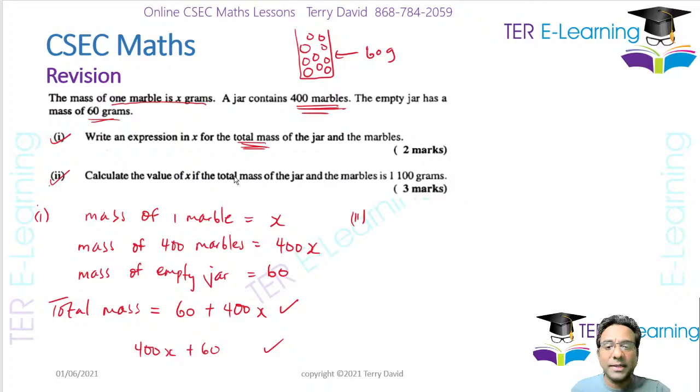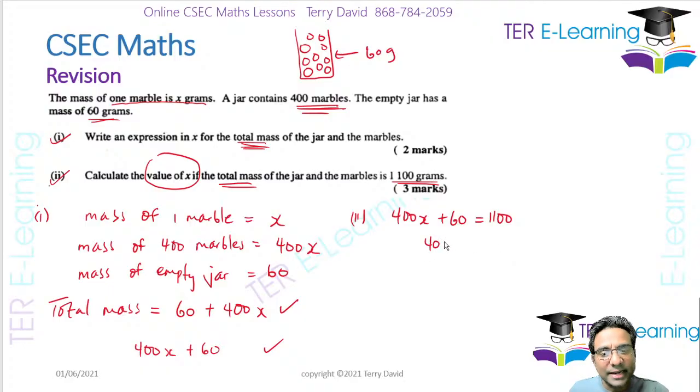They're telling us the total mass is 1100 grams, and they want us to calculate x. So we say 400x plus 60 is equal to 1100, and we solve this like a normal equation. 400x is going to be 1100 minus 60, which gives 1040.